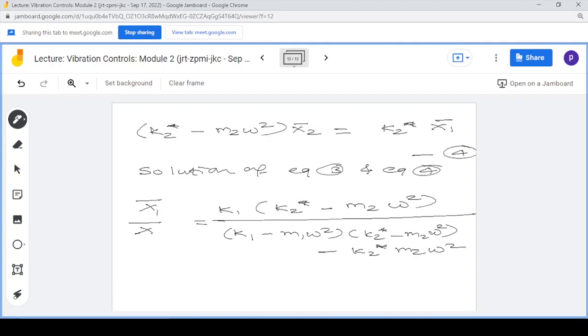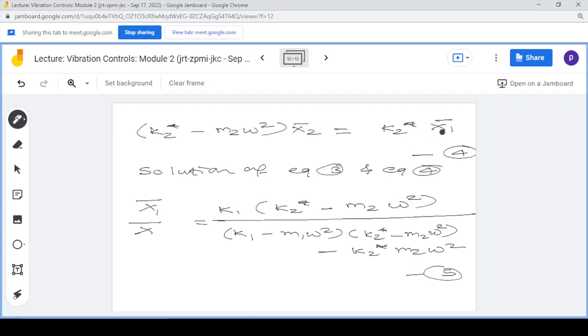This is the expression we obtain by solving expressions 3 and 4. Now it may seem to be beyond the scope, but I am just telling you the procedure. From expression 4 we can get the value of x1 by x, x1 by x2, right?